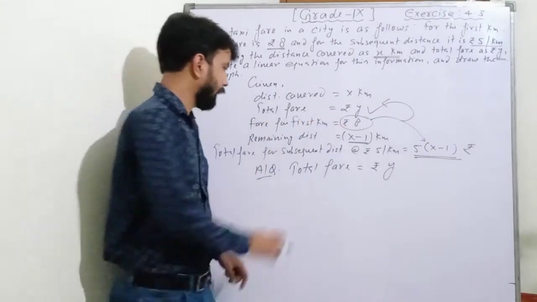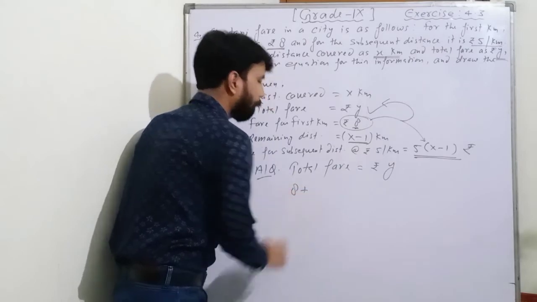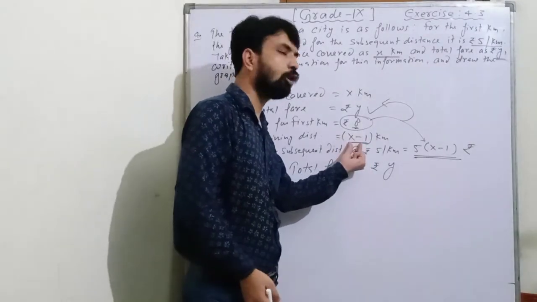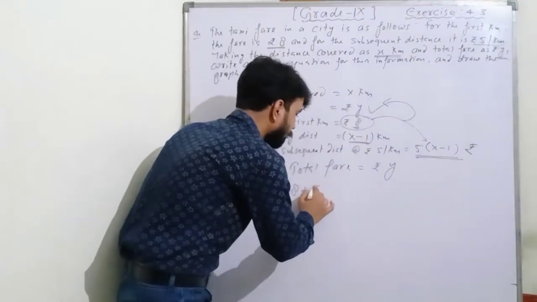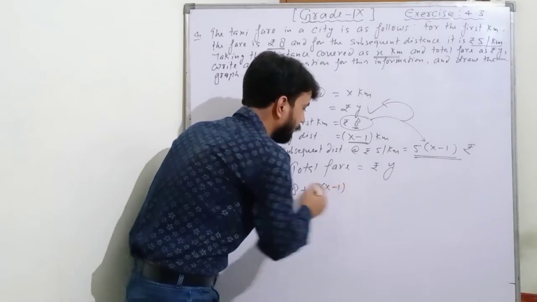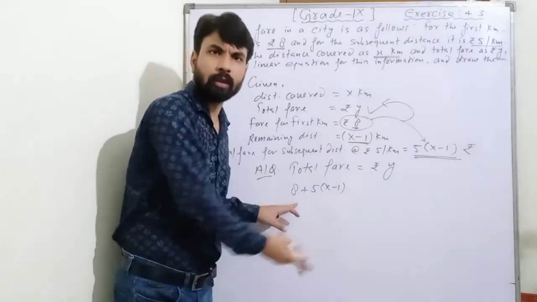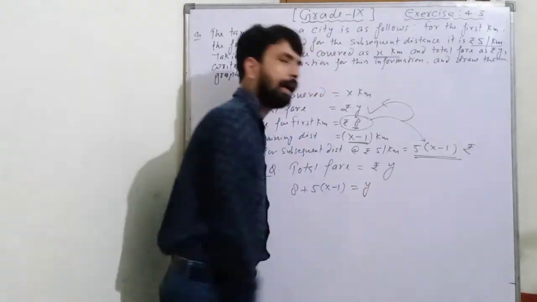Understood? See, first kilometer how much rupees you have to pay? 8, plus the remaining fare for x minus 1 kilometer distance, that is 5 into x minus 1. We have to write here 5 into x minus 1. So if we will add these two fares, then it will be equal to the total fare. Clear? Yes. So it is equal to y.